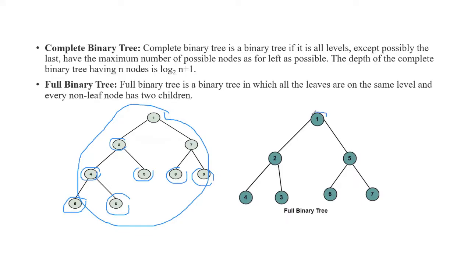Here this is the root node. 2 and 5 are the parent nodes, and 4, 3, 6, 7 are the leaf nodes. All the leaf nodes are at the same level, and every non-leaf, meaning internal node, has two children. 2 has 4 and 3, and 5 has two children, 6 and 7.